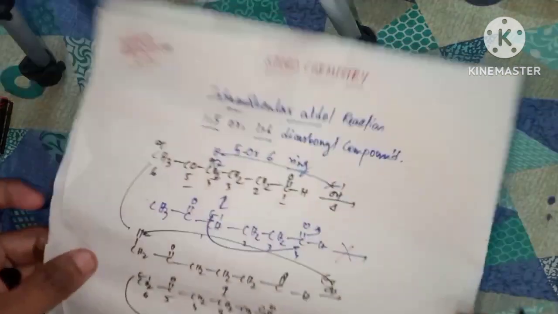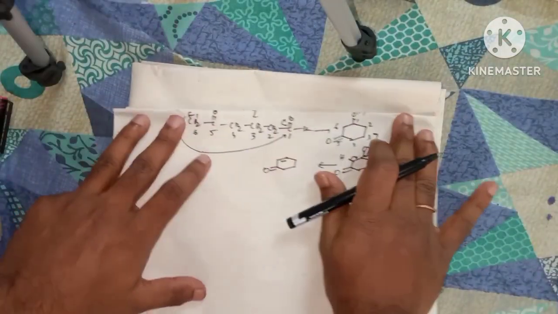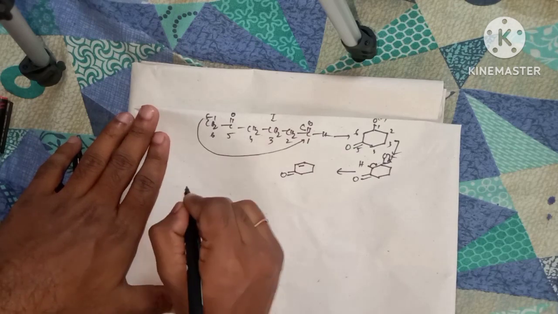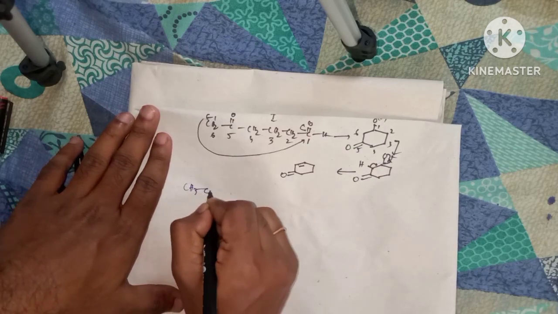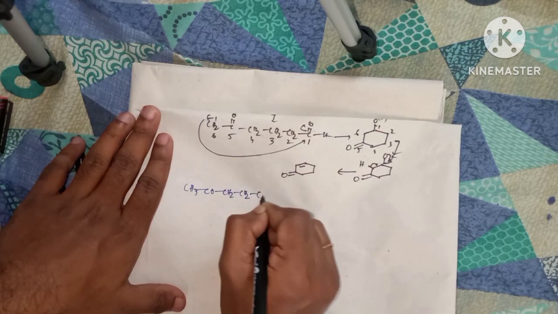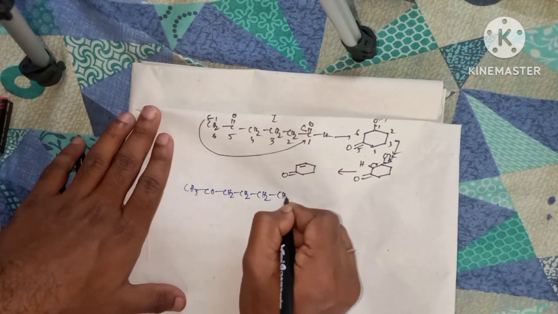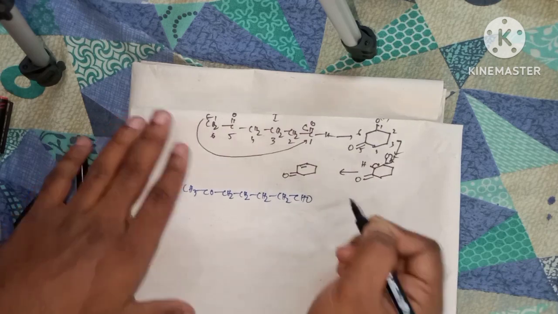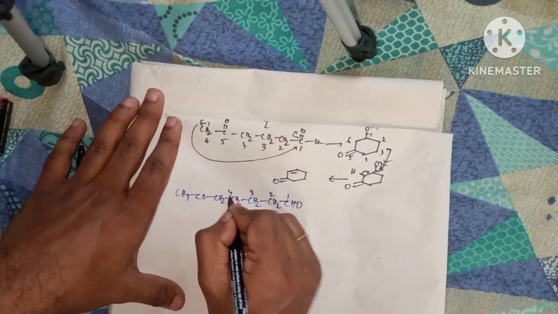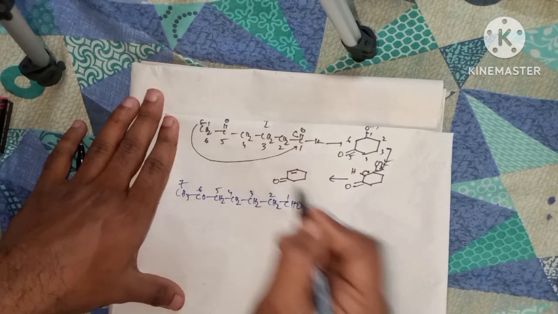Suppose another compound is CH3, CO, CH2, CH2, CH2, CH2 and CHO. We can write 1, 2, 3, 4, 5, 6 and 7.